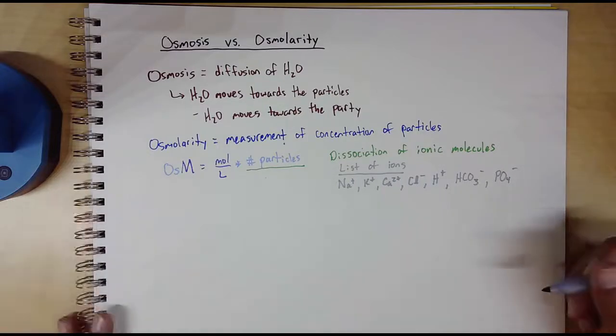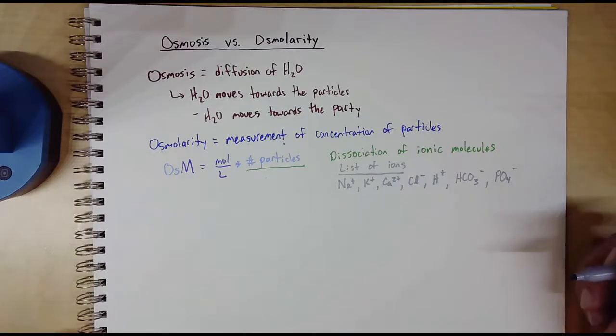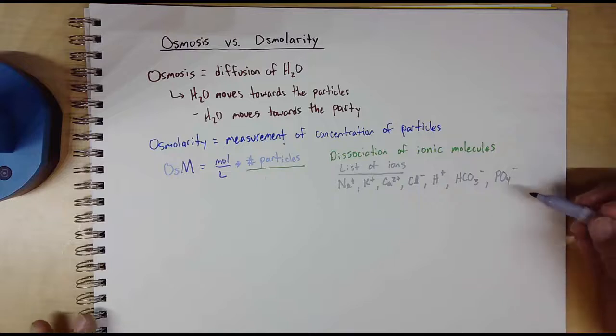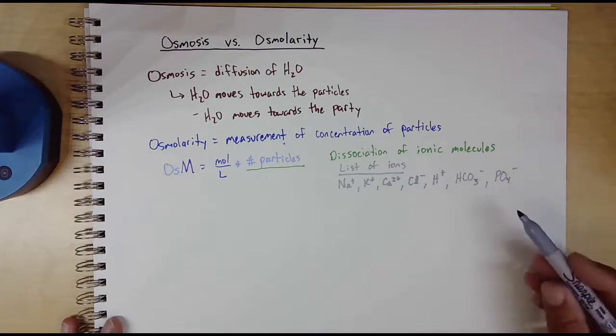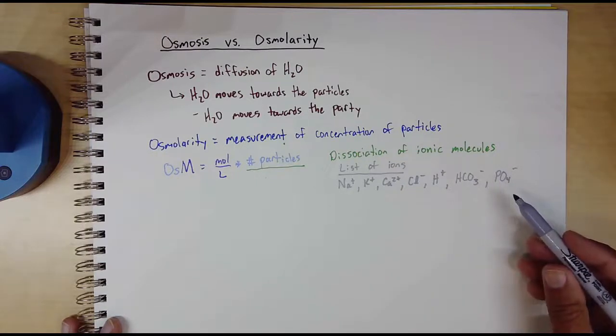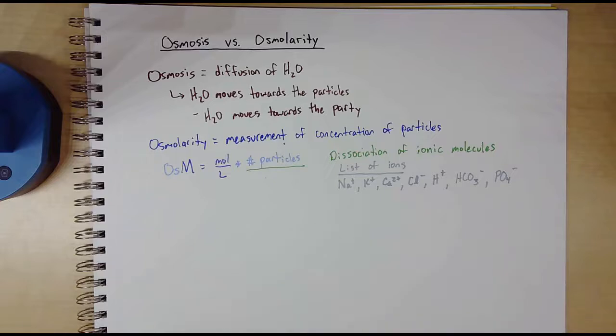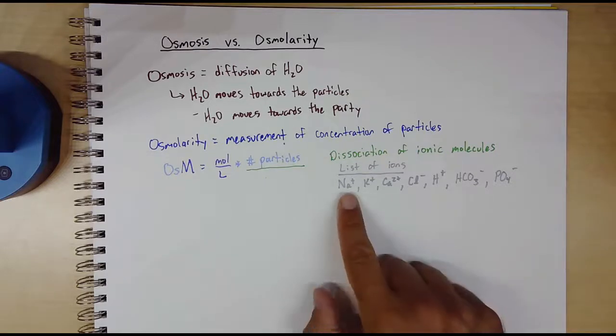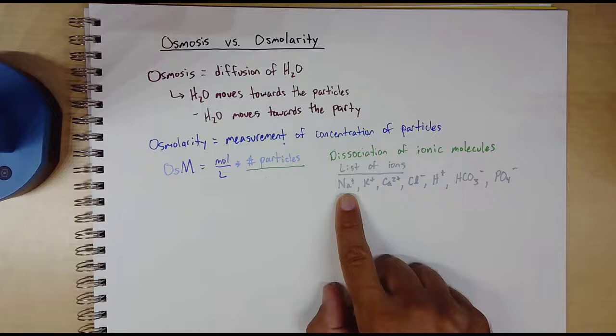Right? These are all important ions in the human body. So anytime that we see these ions in a molecule, we can assume that that molecule at least will dissociate that ion when placed in water.